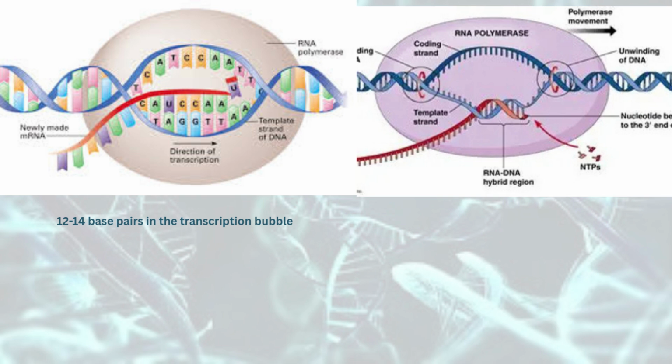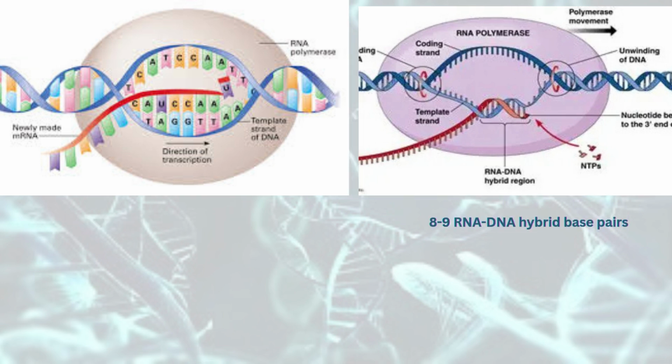Another feature that we need to take note of is the RNA-DNA hybrid region. So this is the region having RNA and DNA before the RNA detaches itself from the template strand.